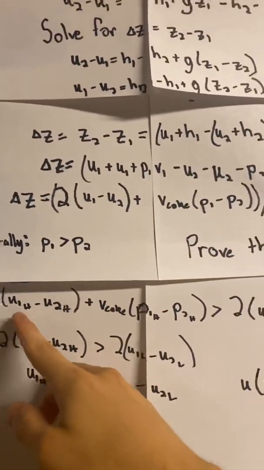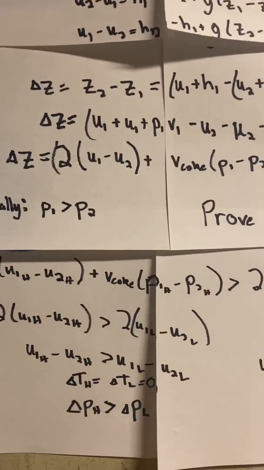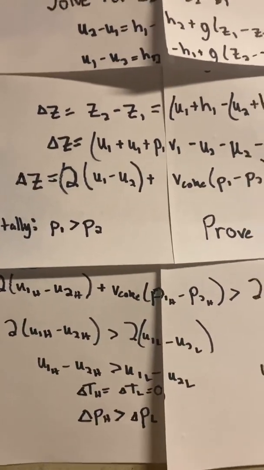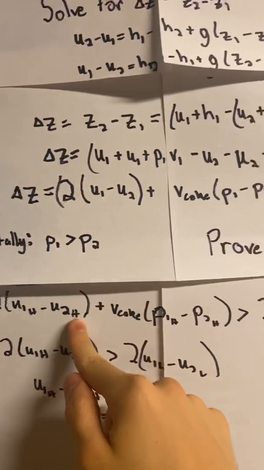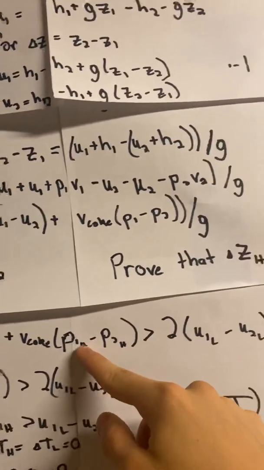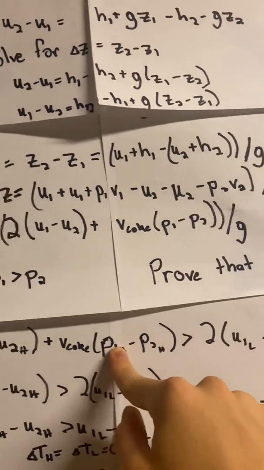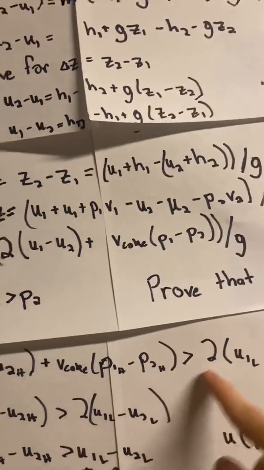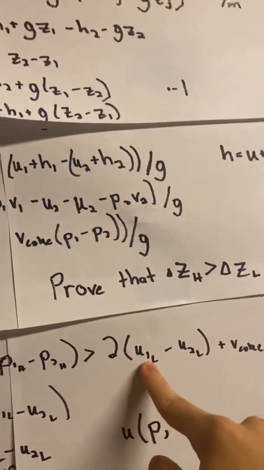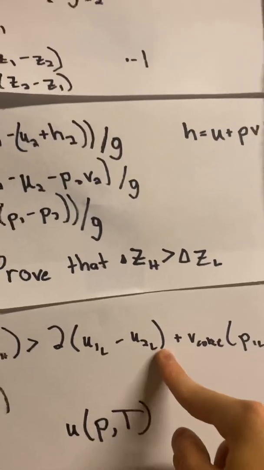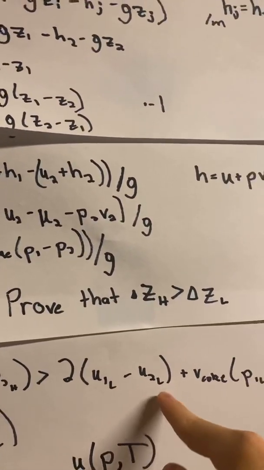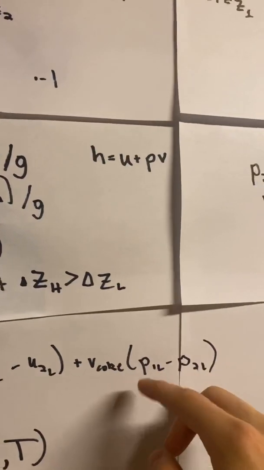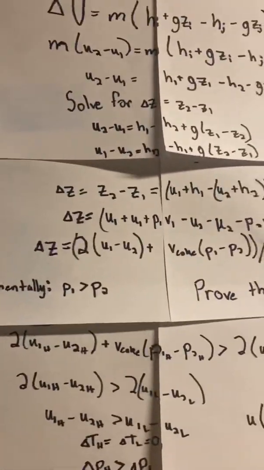So we have 2 times the internal energy at point 1 when it's hot minus internal energy at point 2 when it's hot plus specific volume times the pressure at 1 when it's hot minus pressure of 2 when it's hot, and that's greater than 2 times U, the internal energy of 1 when it's low, minus U, the internal energy at 2 when it's low, plus the specific volume times pressure 1 while it's low minus pressure of 2 while it's low.